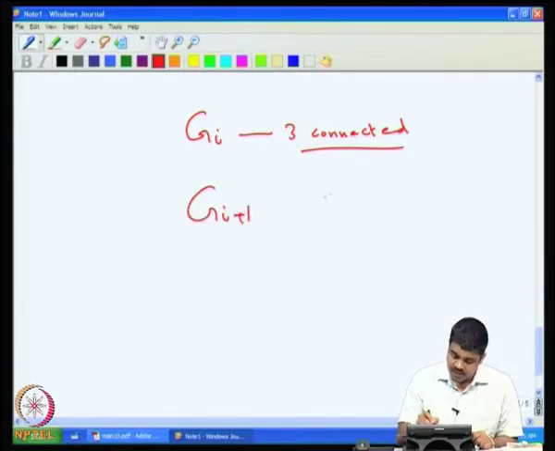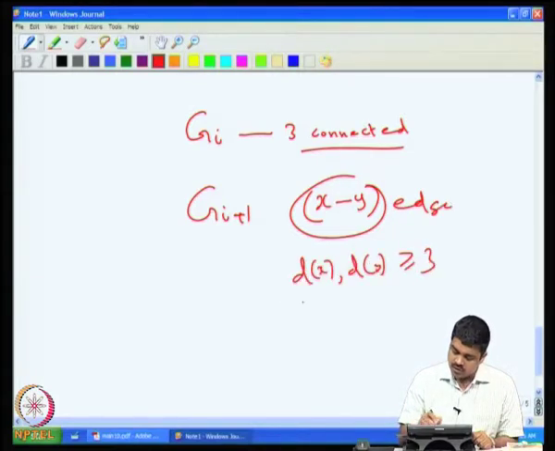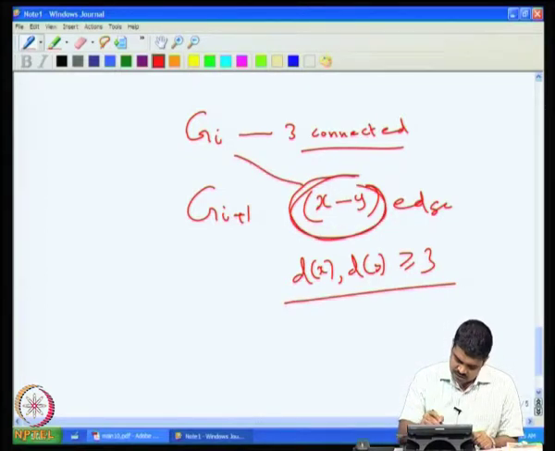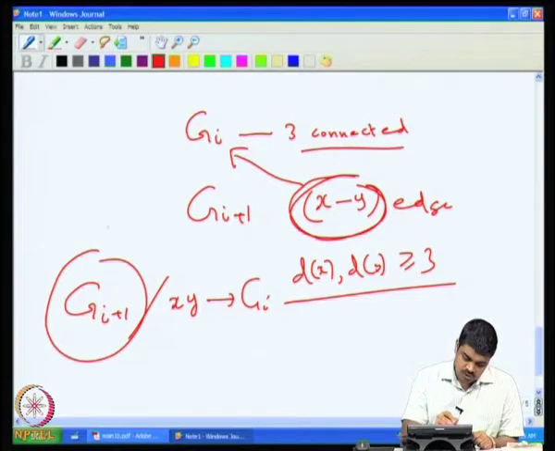There is an edge xy in Gi plus 1, such that the degree of x and degree of y are both at least 3, and when you contract this edge we get Gi. In that case, I want to say that Gi plus 1 is also 3 connected.